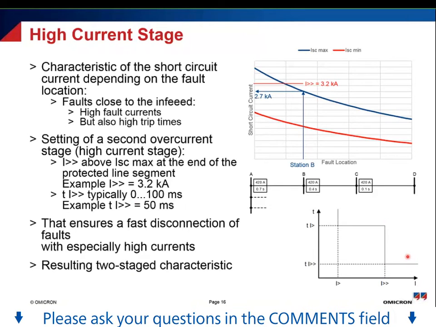So with this we are able to disconnect faults which are very close to our protection system or very close to our bus bar faster. The same also applies for inverse characteristics. I could have a characteristic which goes in an inverse way like this here as well.